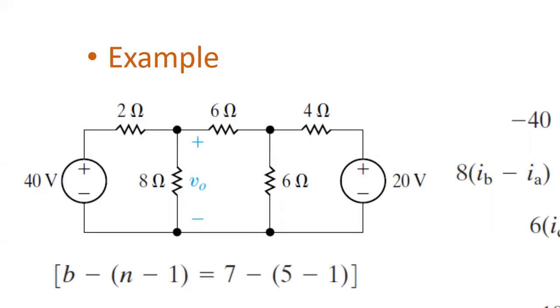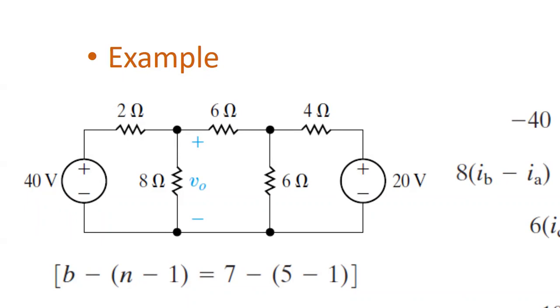Okay, active because we have at least one source. How many essential branches do we have? 5. We have 5 essential branches.